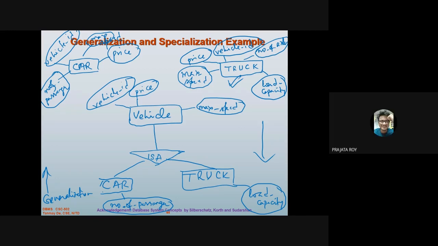Sir, is there any diagram question for generalization or specialization? In the given diagram, if we are going from top to down, we are doing specialization, right? If you think of this division from top to down, then this is a specialization.